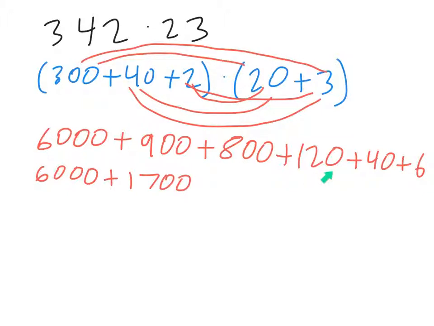Then 120 plus 40 is 180. And then 6. And so we can add that up, and that'll give us 7,886.